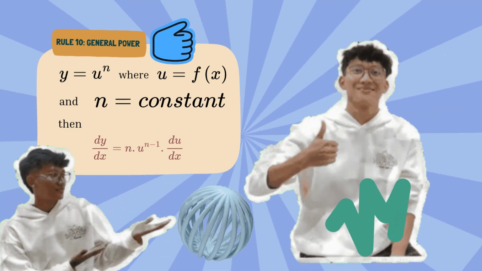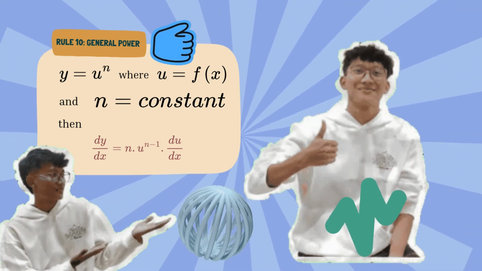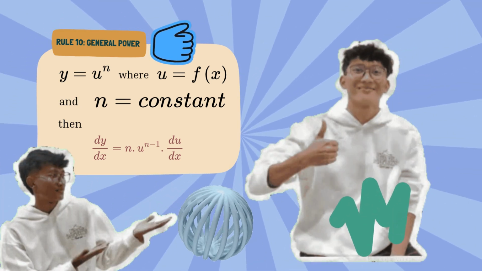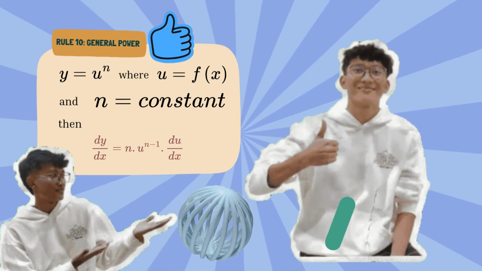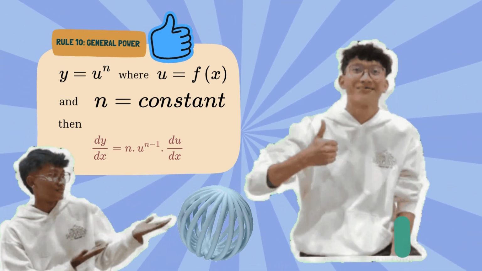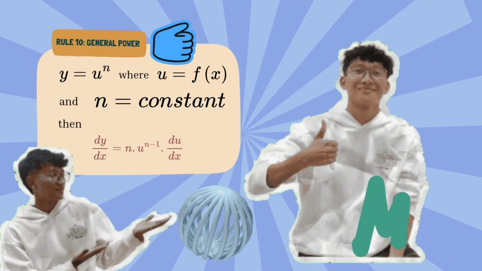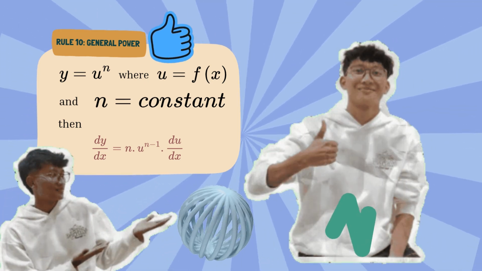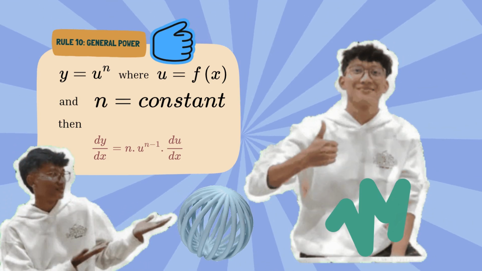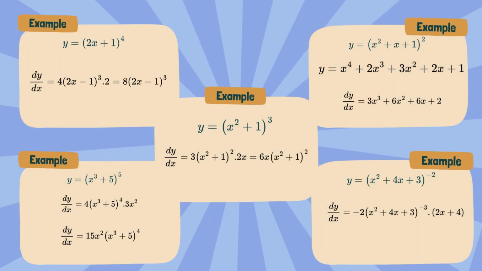The general equation means that when a function is in the bracket and has a power outside the bracket, you have to differentiate outside the bracket first. It means that the power outside the bracket is brought to the front of the function and you subtract the power with 1. Then, differentiate inside the bracket and multiply it with the function. Simplify it and you will get the answer.